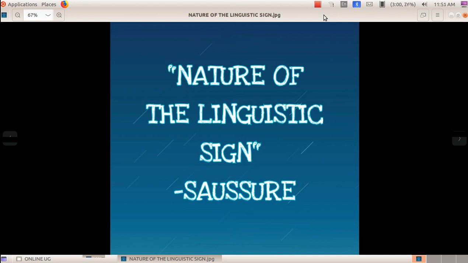First thing is arbitrariness. That is, you just assign a word and use that word for referring to a particular thing, object or concept, whatever it may be.